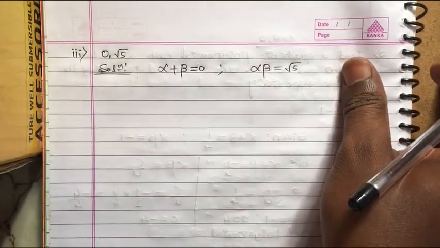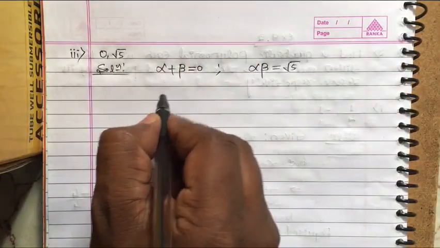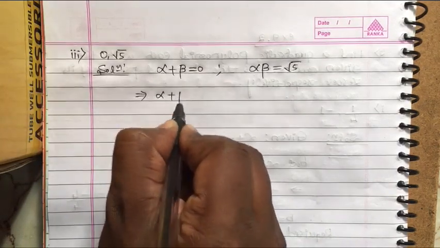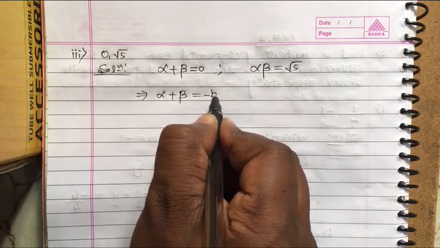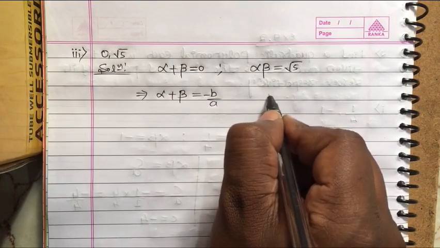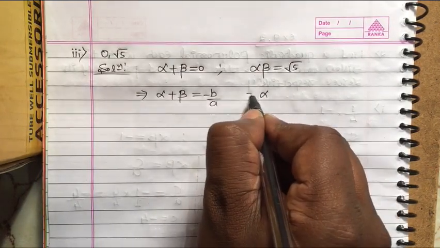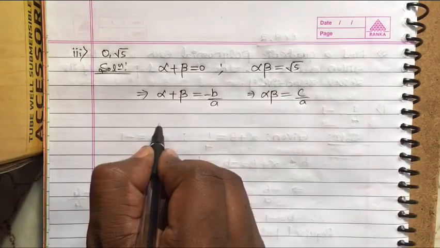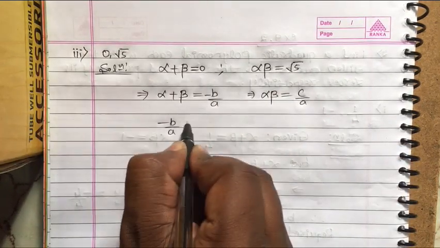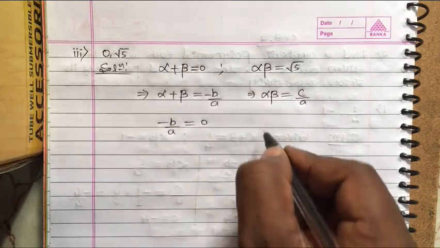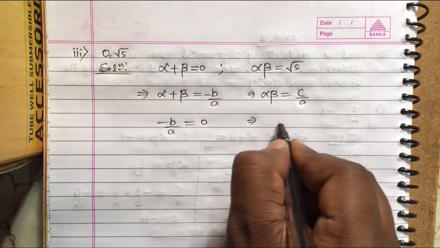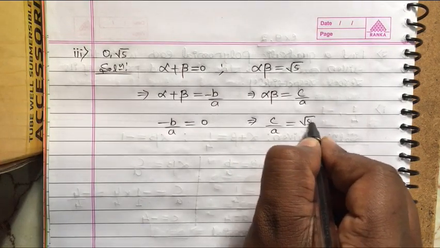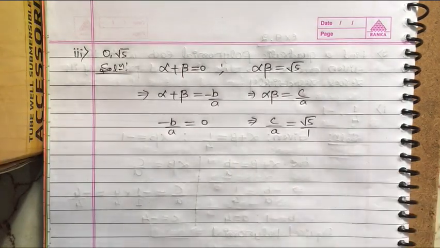So now see here, alpha plus beta is equal to minus b by a, and alpha beta is equal to c by a. So now minus b by a is equal to 0, and here c by a is equal to root 5 divided by 1.